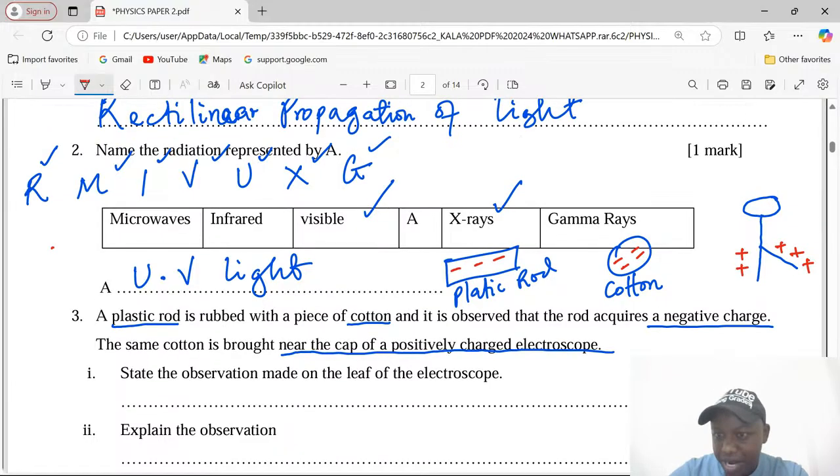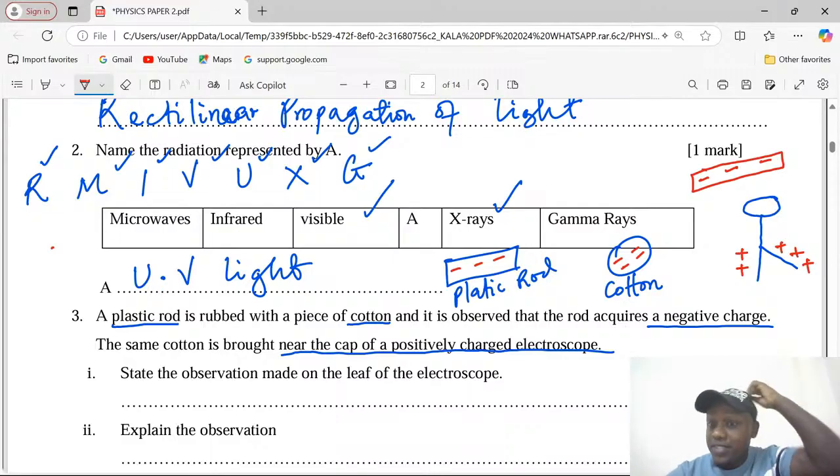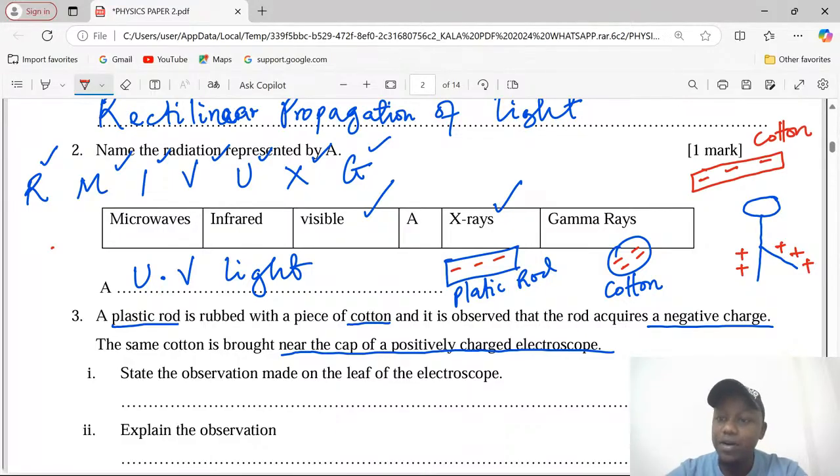So now we are bringing a negative. It's not touching the cap. The cotton, which is negatively charged, is just brought close. So definitely we will have an attraction, though not a neutralization, simply because the cotton is not in contact with the cap. So there will just be attraction.